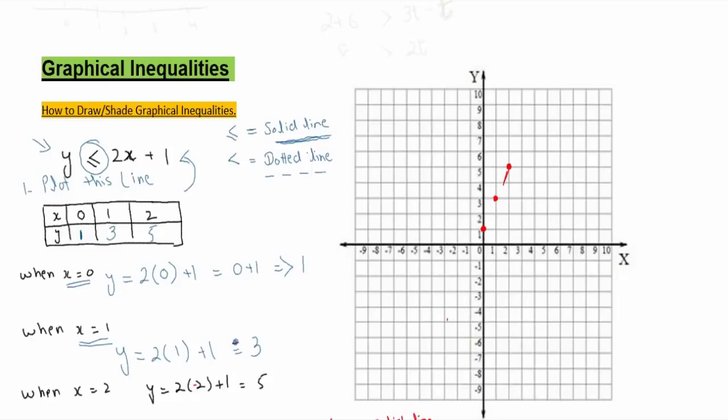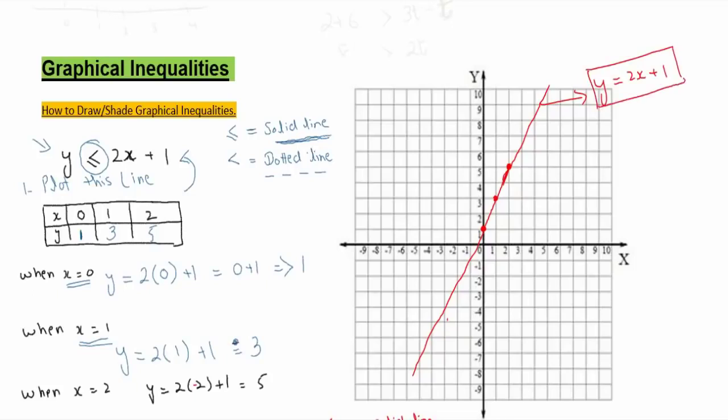Remember, here was an equal sign with an inequality, so I am going to draw a solid line, something like this. So this is my best attempt drawing in here. Let me label this line y is equal to 2x plus 1. So this is the line that I have drawn right here.